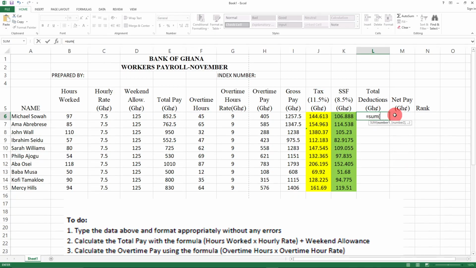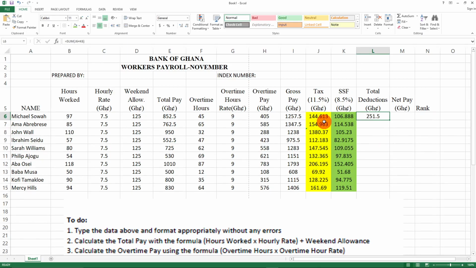So J6 plus K6. You see that the two have been highlighted because we are working on Michael. Now I can close it and hit enter. So that's it, 251.5. That's the total deduction for Michael.